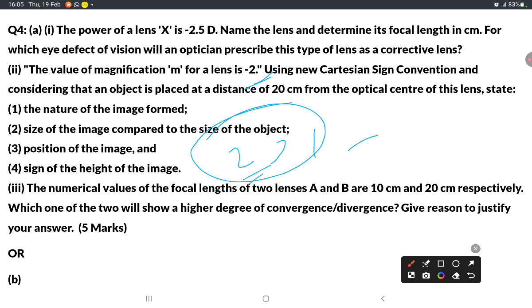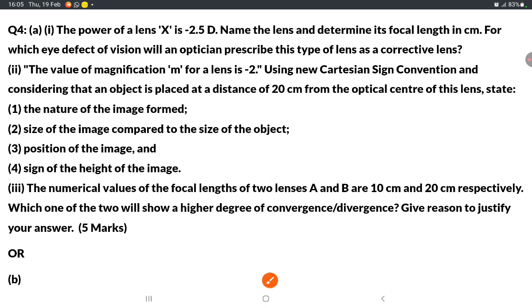And negative means it is downwards to the principal axis, that is simply it indicates virtual. Let's see, there is still a solution, let's see that.